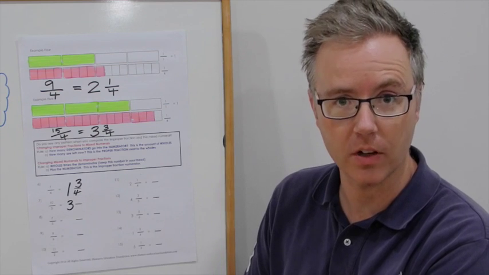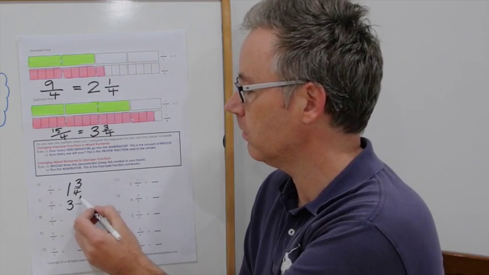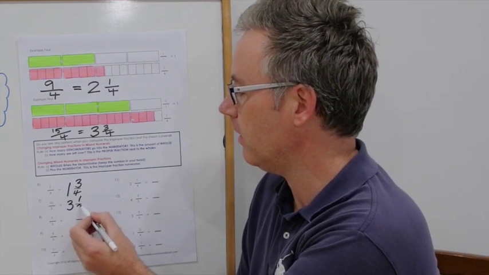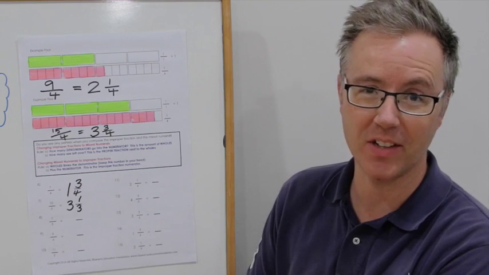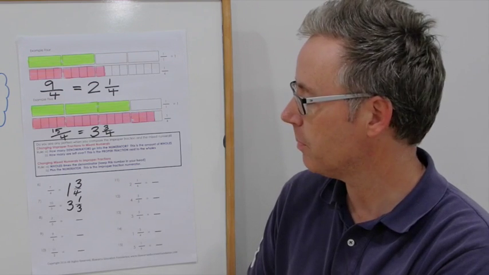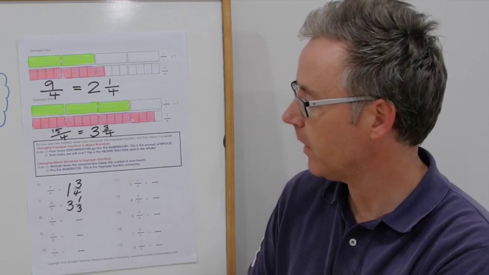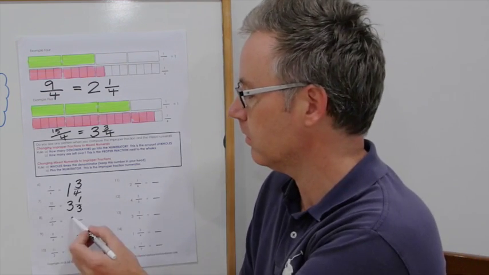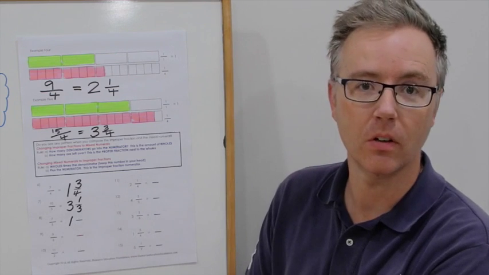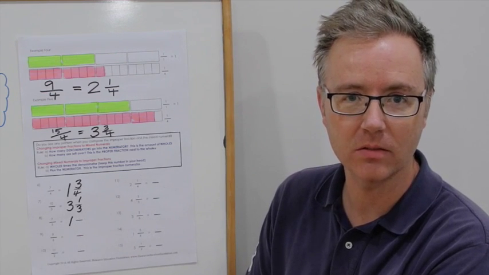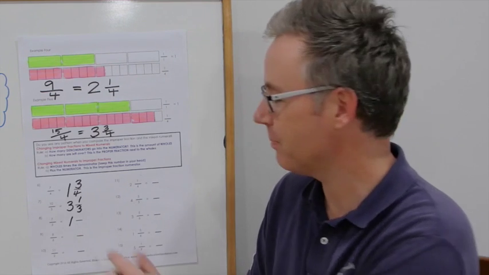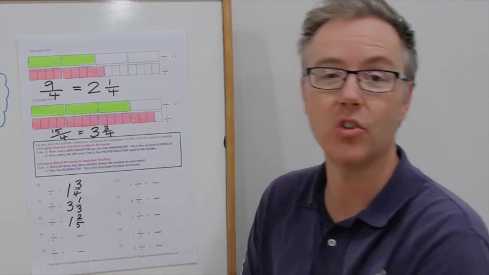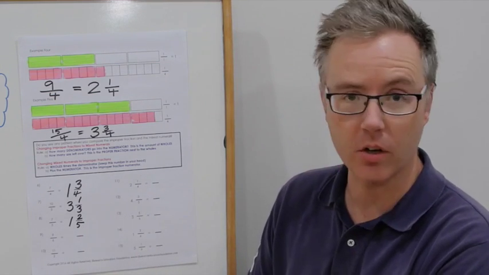How many are left over? 1. Denominator is the same, thirds. Answer 3 1/3. Number 8. How many 5s go into 7? 1. How many are left over? 2. 1 and 2/5.